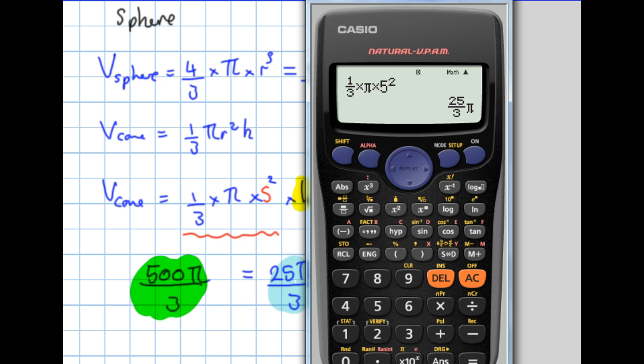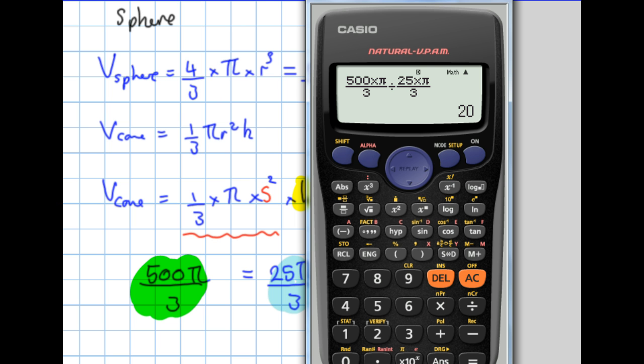So let's do that. 500 times pi all over 3 divided by 25 times pi all over 3 equals, and there we have it.